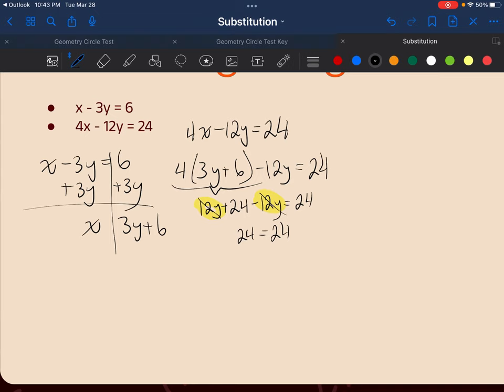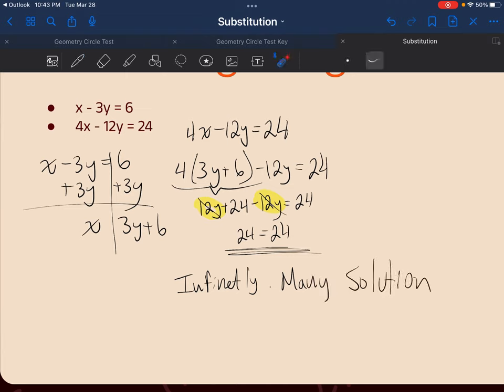If all my letters cancel out and we're left with two numbers that match, so 24 and 24, the answer is going to be infinitely many solutions.